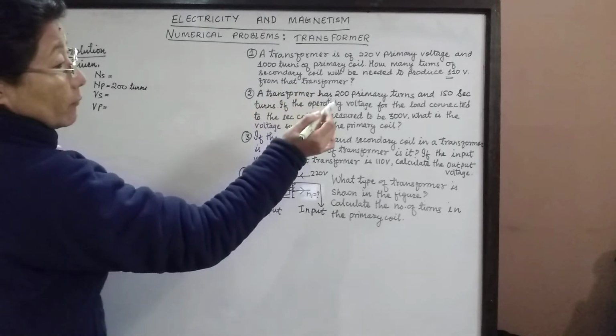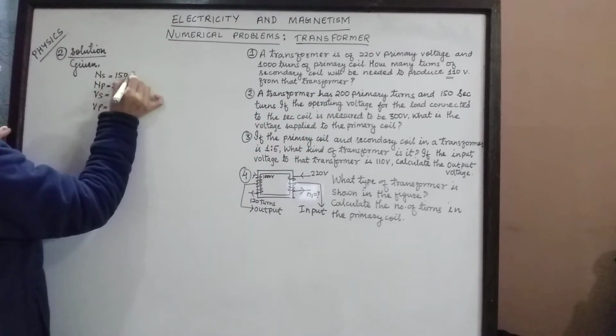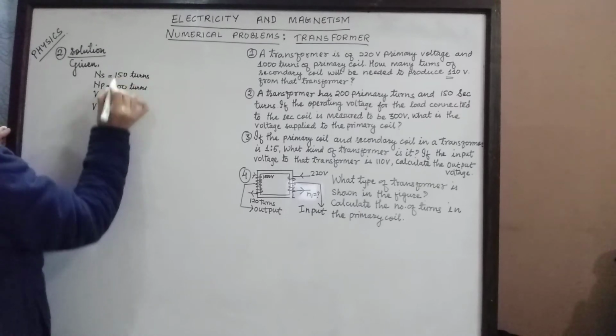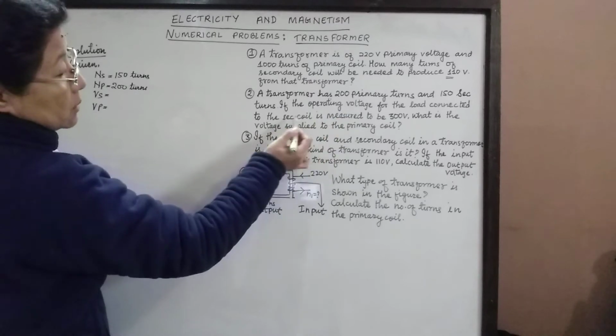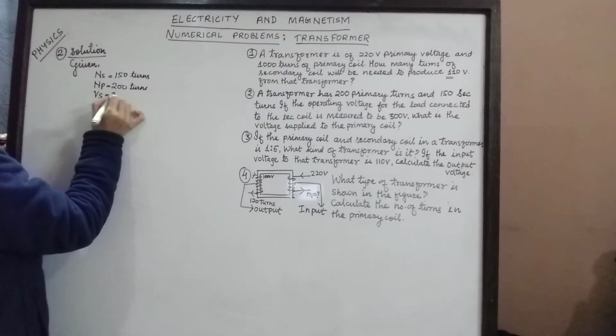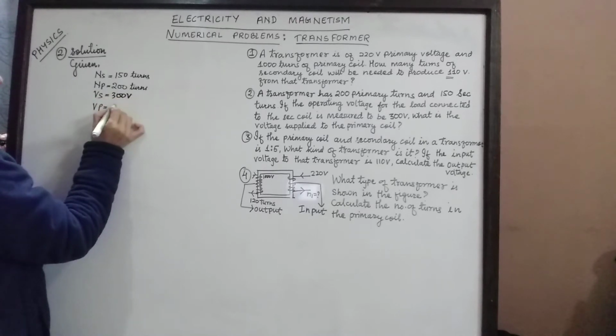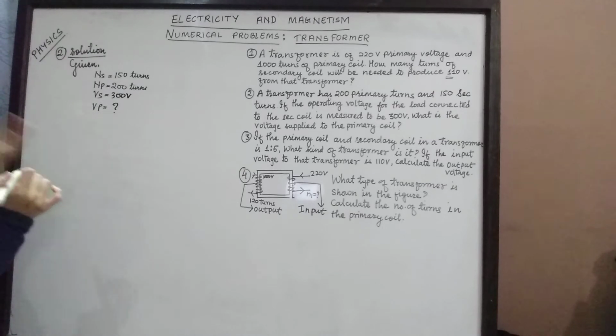And 150 turns in the secondary coil. Then operating voltage, voltage in secondary coil is 300 volt. What is the primary voltage? So this is the question.